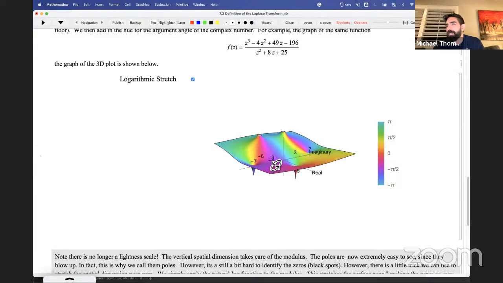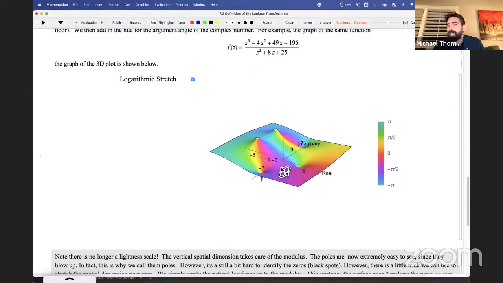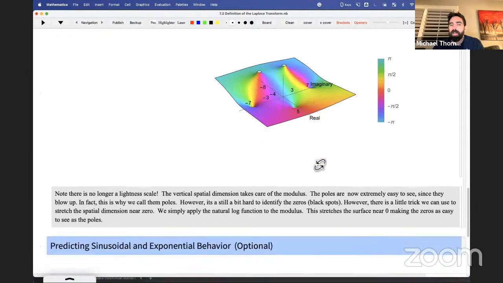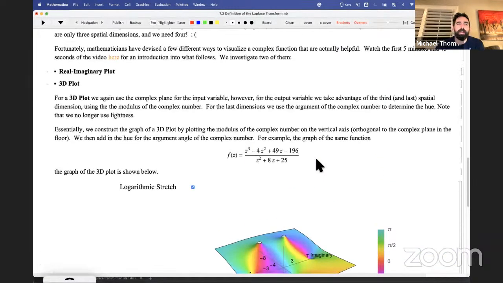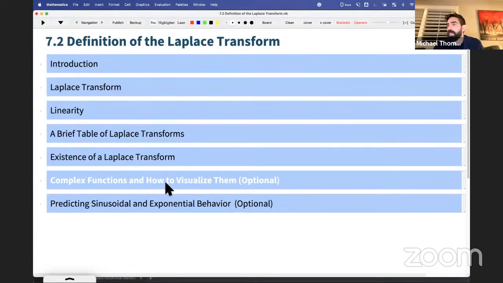You see that? So now it's super easy to see. And you'll notice spatially, we've got 3 dimensions, and then for that 4th dimension, we still have to use color. That's the angle of the argument of the number. That okay? Okay, so that's what a complex function is, and that's what a Laplace transform is.